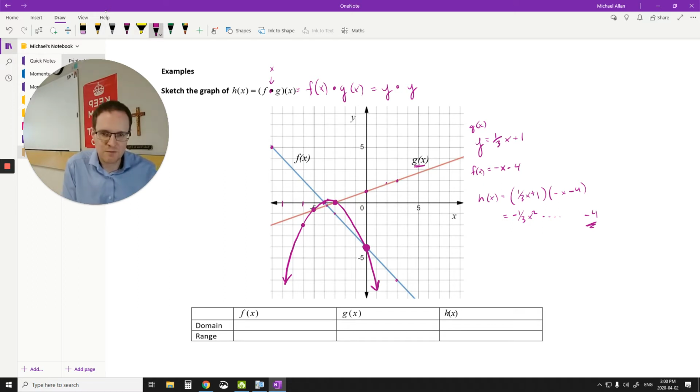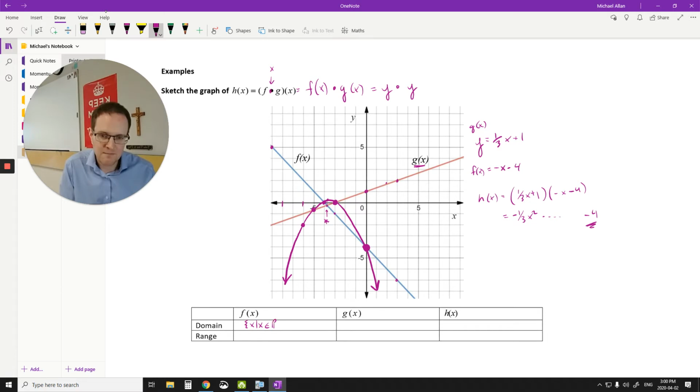Determining certain things like what my domain of this graph is going to be is a bit trickier. You'd have to kind of know where this point is right here. I don't know exactly where that is, but I do know the domain of both of these graphs before we start.